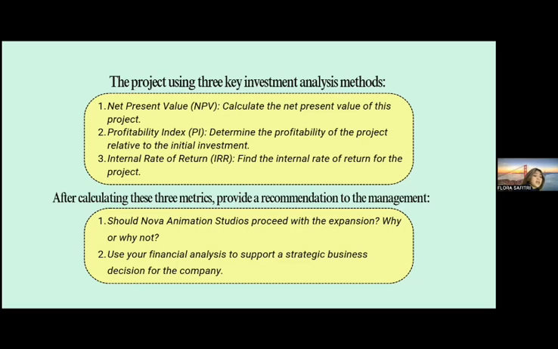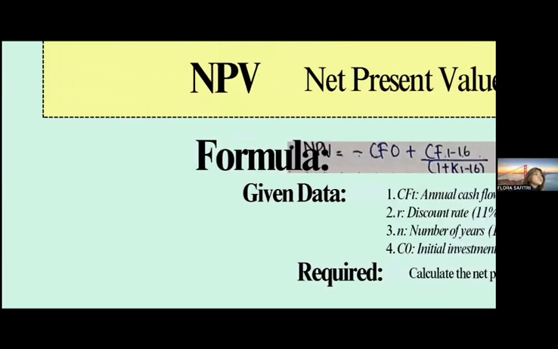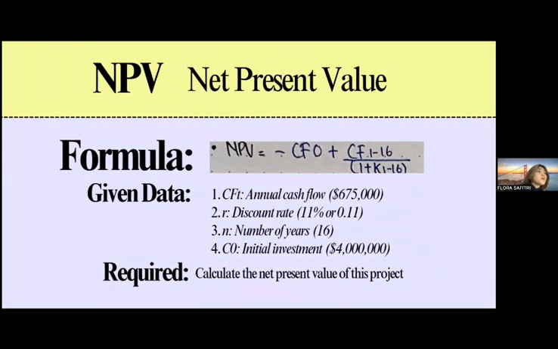The first thing we have to do is search for the net present value. The formula is NPV = minus CF0 plus CF1 until CF16, divided by 1 plus K, for years 1 until 16.